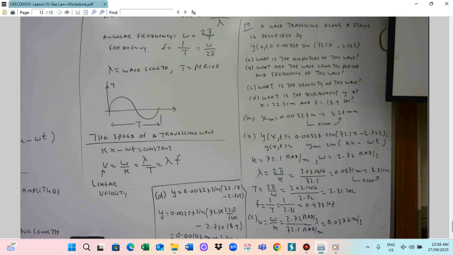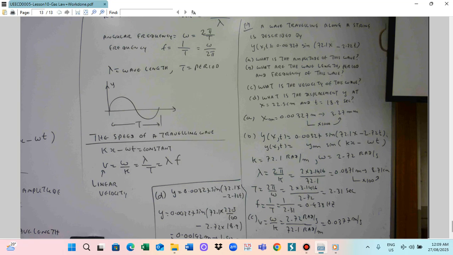In this case, we make a comparison with the standard equation: y(x,t) is equal to ym sin(kx minus omega t).